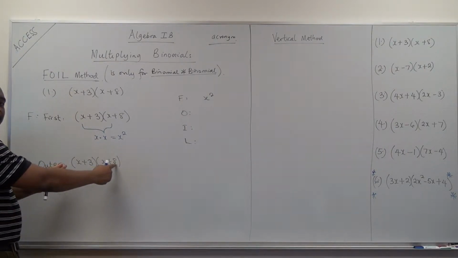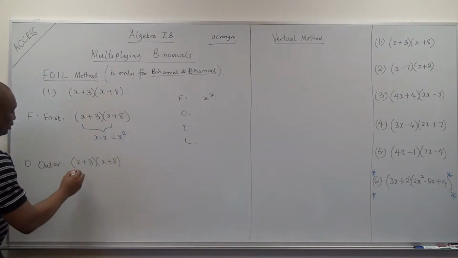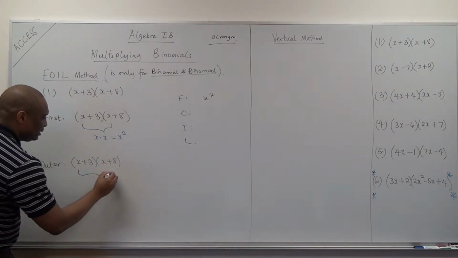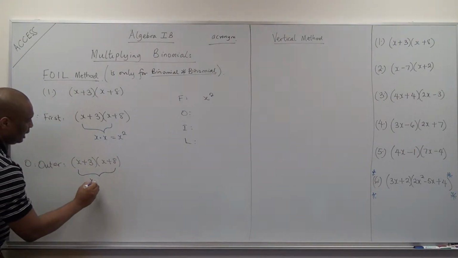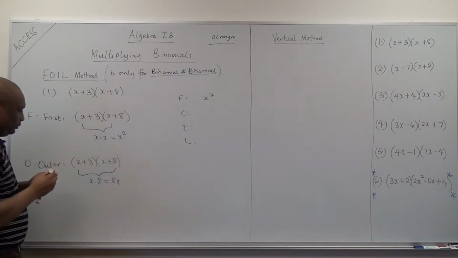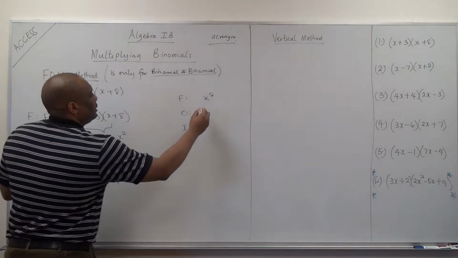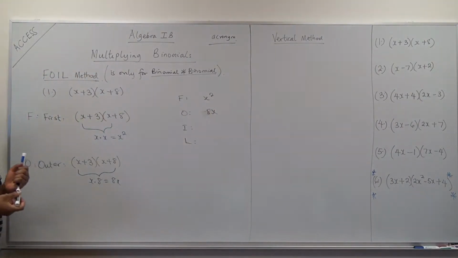And then the outer person on the second binomial is the second element here. So this is x times 8. Outer, because they are outer. X times 8, and that is 8x. You see, that's the way it's done.